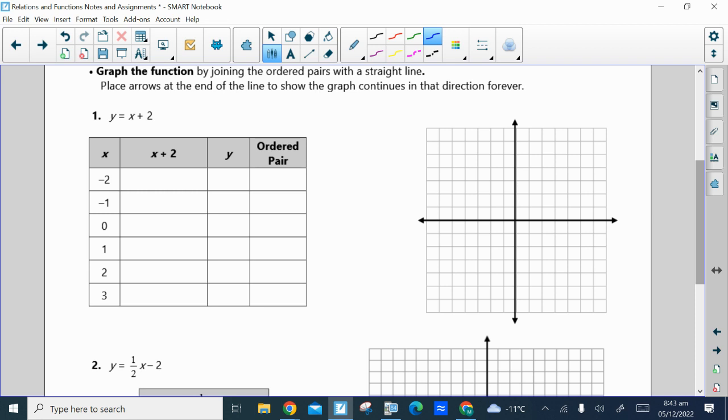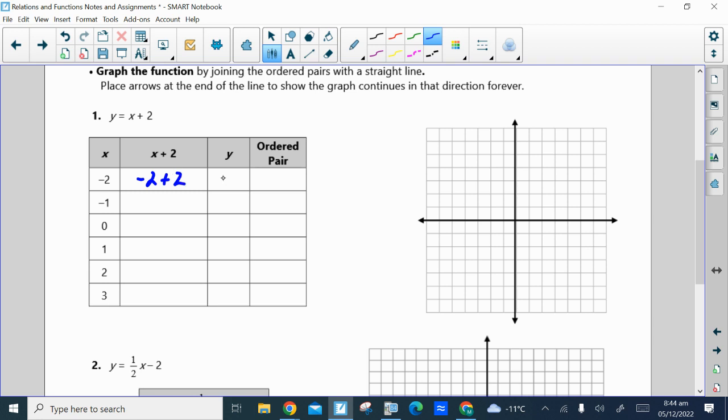So you know just by looking at this equation that it'll be a line because it is a first degree equation. So in this case, the table of values is set up, and they've also given us values of x to choose to put into the equation. So the first x value we have is -2. So the equation says that y equals x plus 2. We take our x value, which in this case is -2, and we add 2.